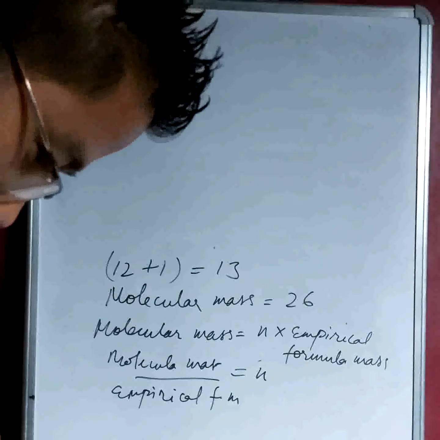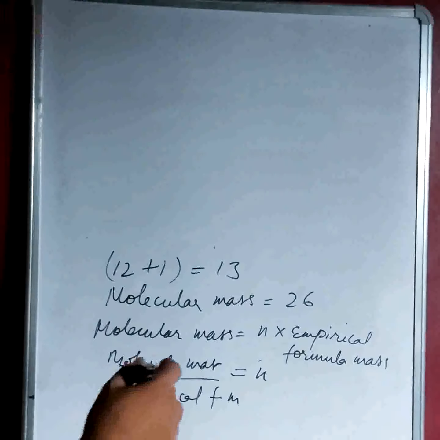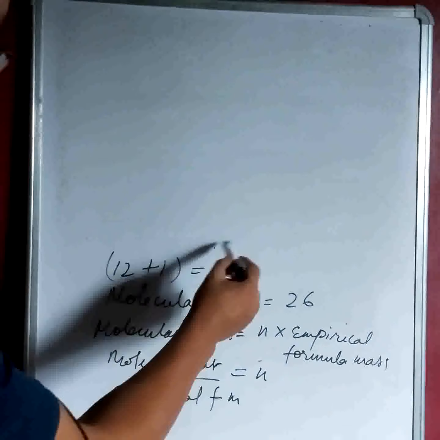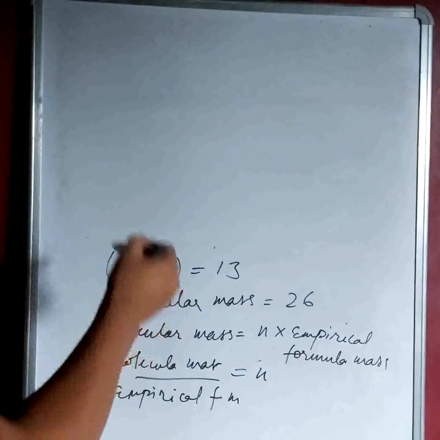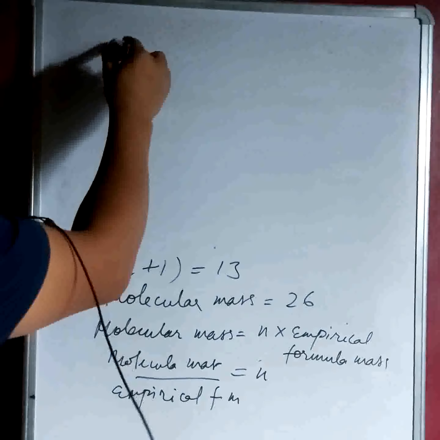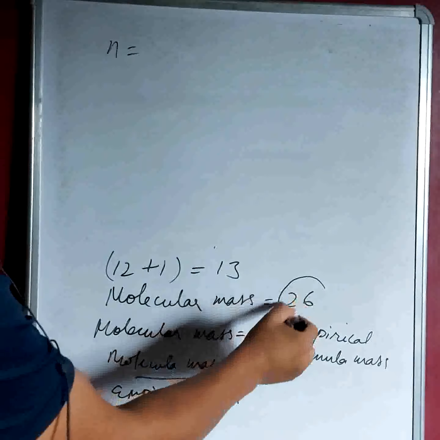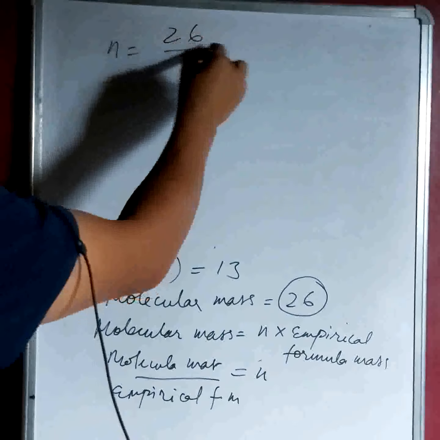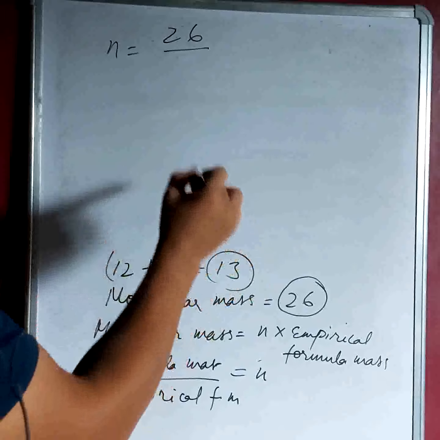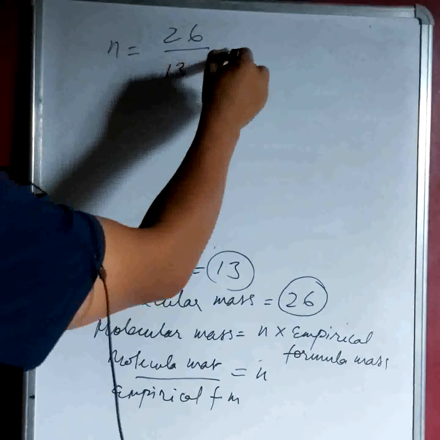Now let's plug in these numbers in this equation. So the unknown quantity n is equal to the given molecular mass of acetylene over the calculated empirical formula mass, which is 2.